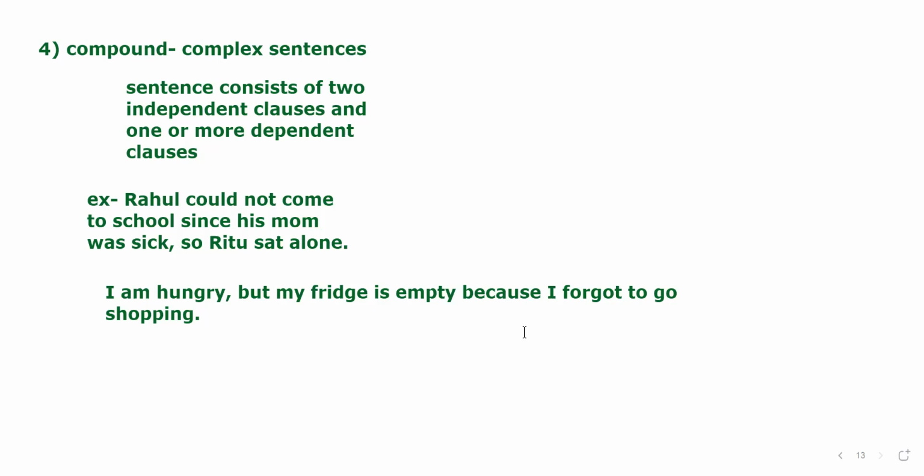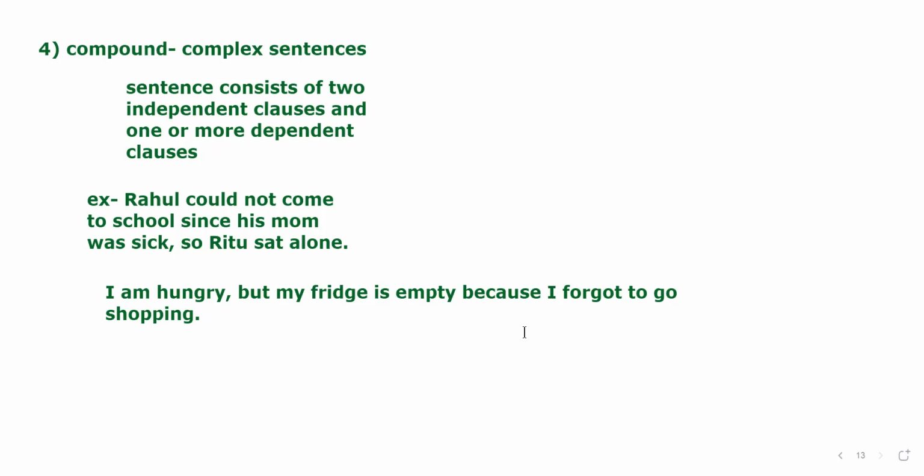We have to combine these three sentences. One sentence, I am hungry. Second, my fridge is empty. Third sentence, I forgot to go shopping. Now I have to combine these three sentences because hungry is related to fridge, and fridge is related to the fact that I forgot to go shopping.